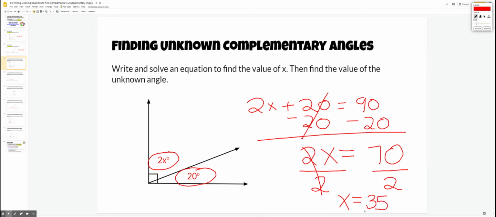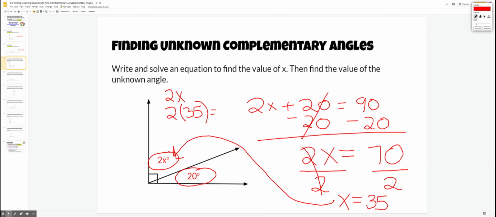Okay, so now I know what x is. The last thing I'm going to need to do here, since I need to find the measure of the missing angle, is plug x into this expression to figure out what the measure is. I know that the angle is represented by 2 times x. So let's substitute in 35 for x, and see what we get.